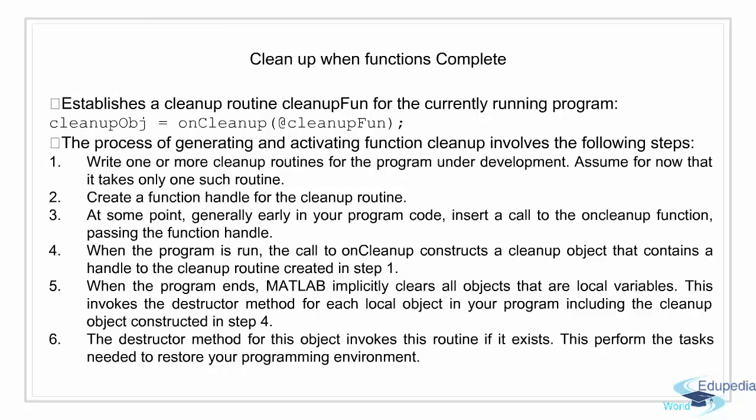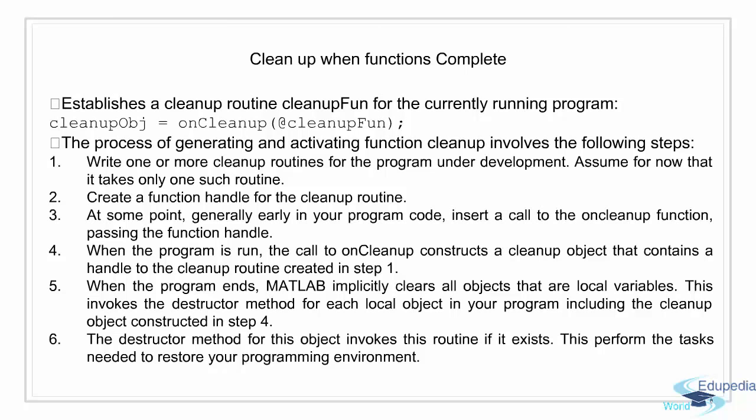The second step is where a function handle is created for the cleanup routine. The third step is that, at an early point in the program code, the onCleanup function is called, where the function handle is passed. The fourth step is when the program is made to run: the call to onCleanup constructs a cleanup object that contains a handle to the cleanup routine that was created in the very first step.